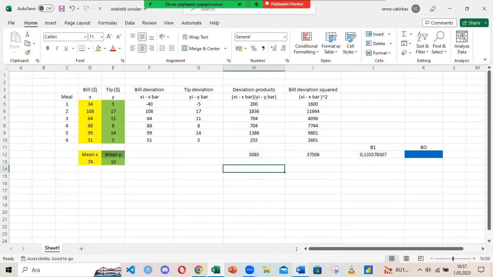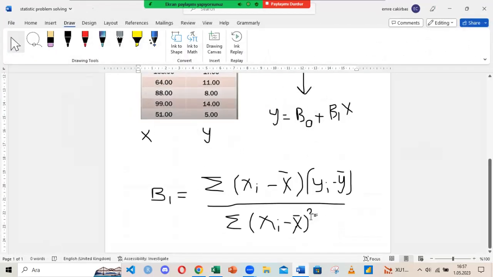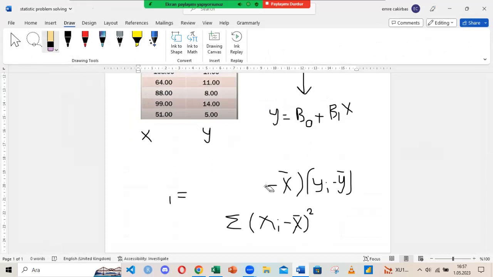For b sub 0, I will calculate. Let me delete that part.